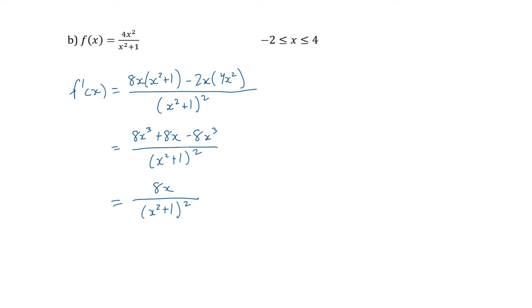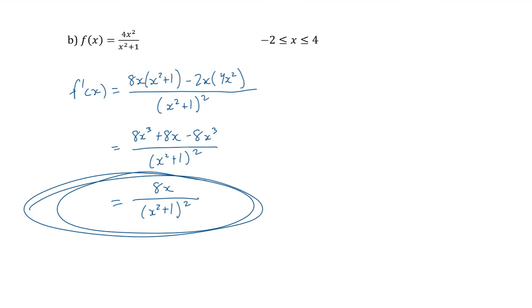That's an x-intercept. Now we're talking about the derivative here, right? We're not talking about the original function. And then when the bottom is equal to 0, the derivative does not exist. That would be an asymptote, a vertical asymptote, but a vertical asymptote of the derivative.